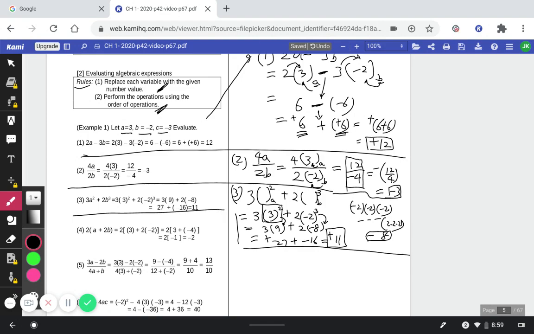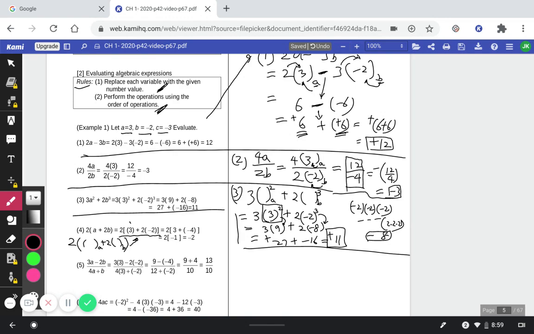Now here you have 2 times a plus 2b, so you write 2 times, instead of a, you put parentheses with a in the bottom, and 2 times b in the bottom. And you replace each one, a as 3 and b as negative 2, like this. Whenever you have more than one group sign or parentheses, you always do the inside one first.